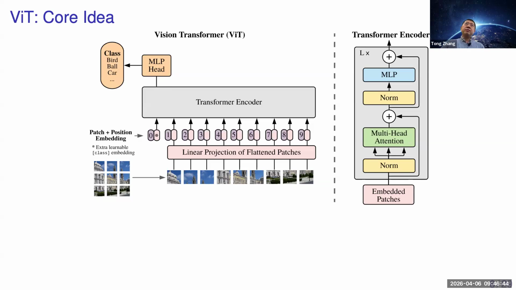CLIP was trained on image-text alignment, and there are other ways of training. But essentially this is an encoder, right? So essentially, you just have a classification head. Because an encoder has bidirectional attention, it doesn't matter where you put it. You can put that at 0, or you can put that at the end. It really doesn't matter. But here it's put at 0 and it comes out as the class.